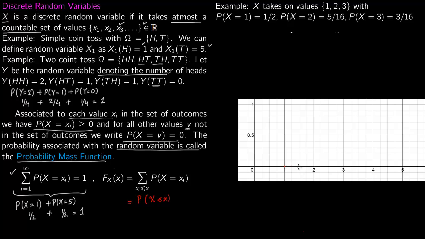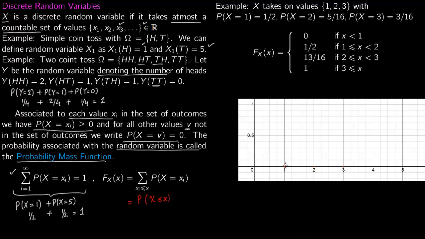So we have 3 values to worry about, 1, 2 and 3. Before 1 nothing happens, so X less than 1 means there is a hole here. Less than 1 it just takes value 0. At 1 it takes value half, so there is a jump of half. So to 0 you add half, so that is what the summation here means.